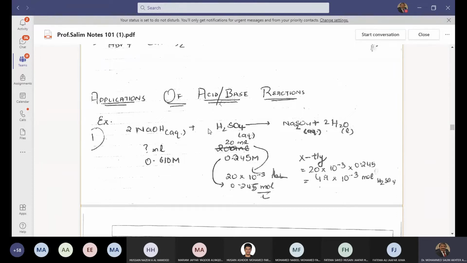But my beautiful friends, if it is not 1 to 1, if it is 2 and 1, or 2 and 3, if they are not equal, then I will not use M1V1 equal to M2V2.